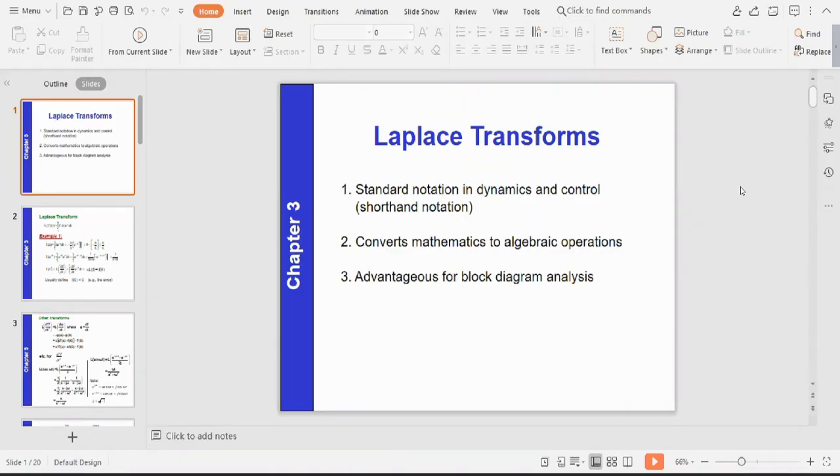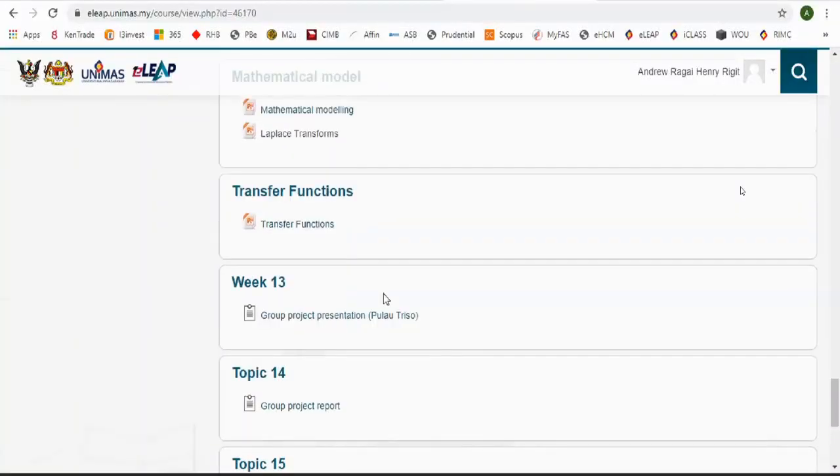Any questions? So next week on Tuesday, we look into Laplace transform, and from there we look into the transfer function. And then after that, I will also finalize your assignment that will replace your final exam.